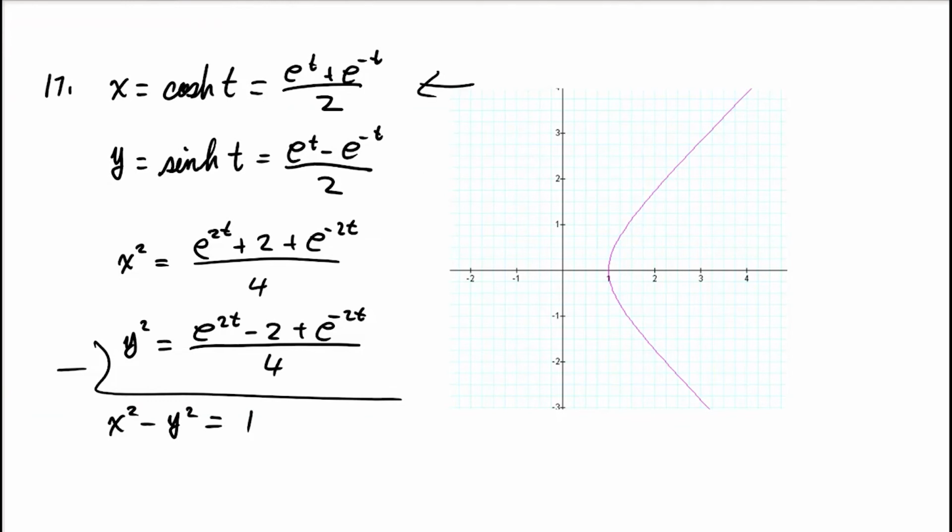Can this be negative? And the answer is no, because the exponential function is always positive, isn't it? So the x coordinate cannot have this, it doesn't exist. Your y, this thing can be negative, right? Depending on which is bigger. If this is bigger, then it could be negative. You know what I'm saying?